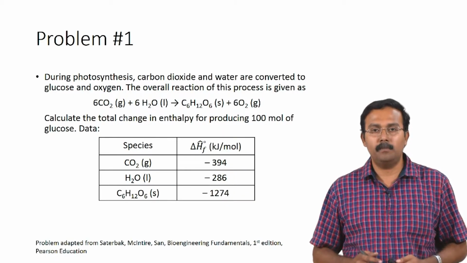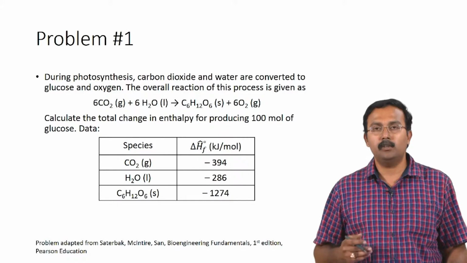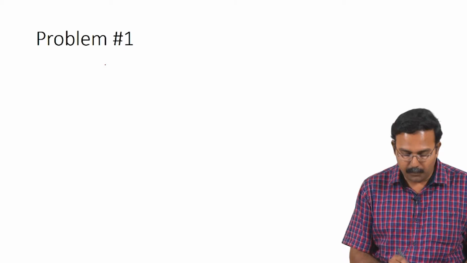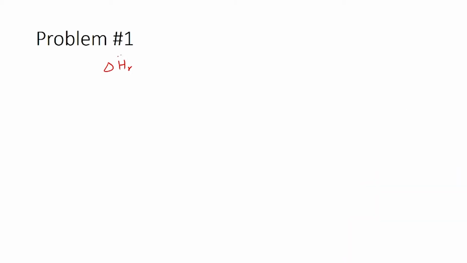Let us look at the heat of formation components and let us try to apply the equation which is built on Hess's law. So, the equation for heat of reaction would be sigma of products nu i delta Hf i, where Hf is the heat of formation and nu i is the stoichiometric coefficient, minus sigma of reactants nu i delta Hf i.